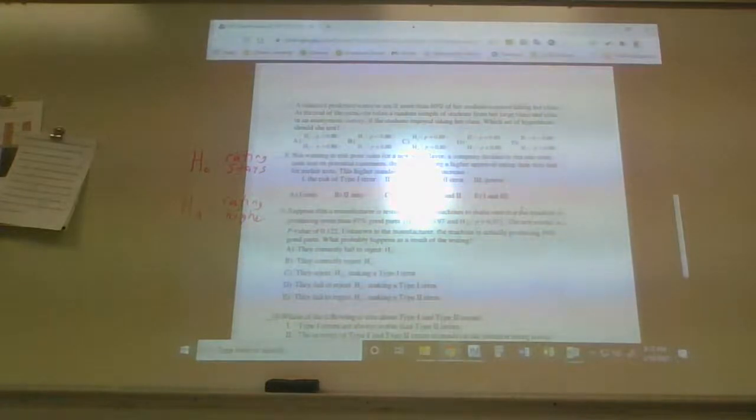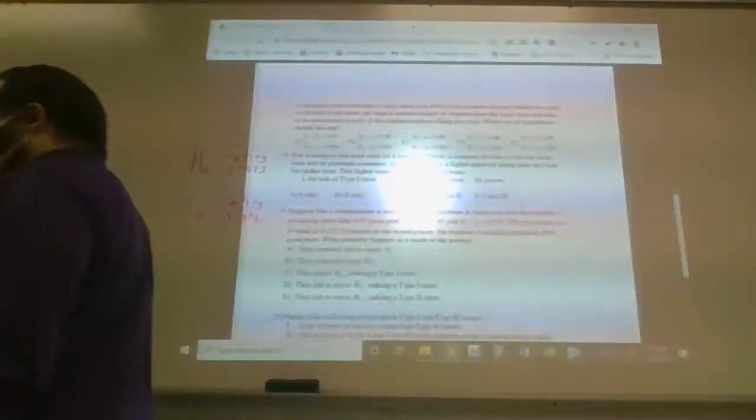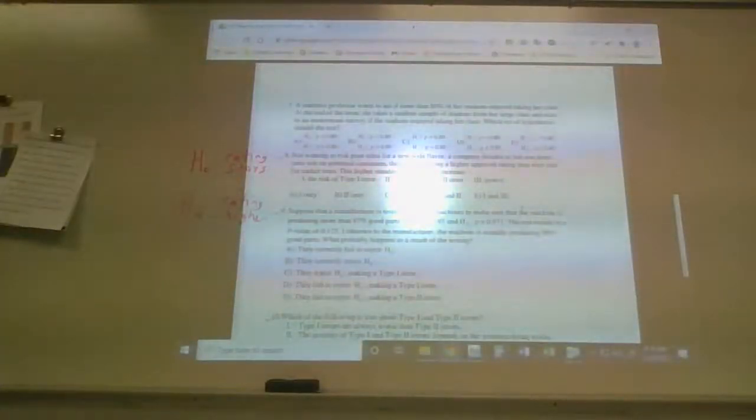If my alpha level is 0.05 and I want a higher standard of proof to be able to reject that null hypothesis, I might bring it down to 0.01. But if I bring it down to 0.01, what happens to my beta level?